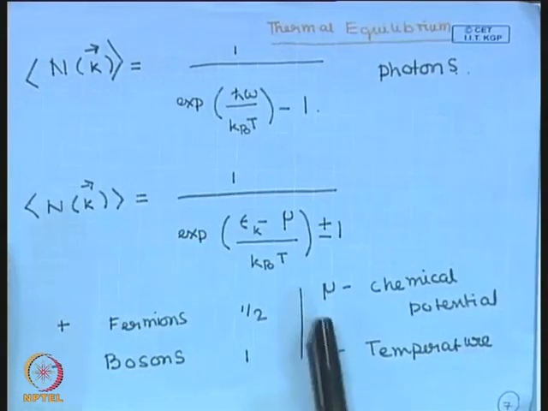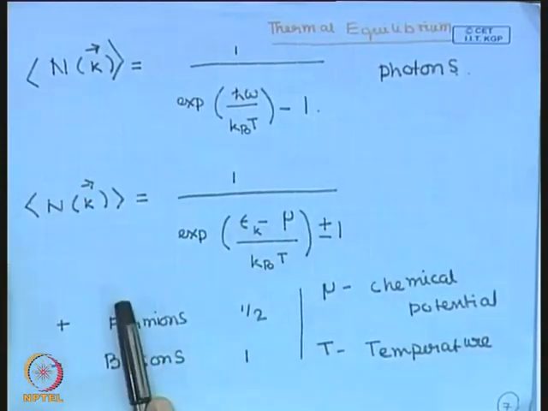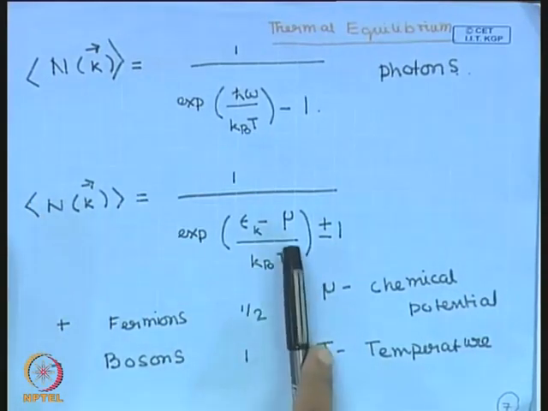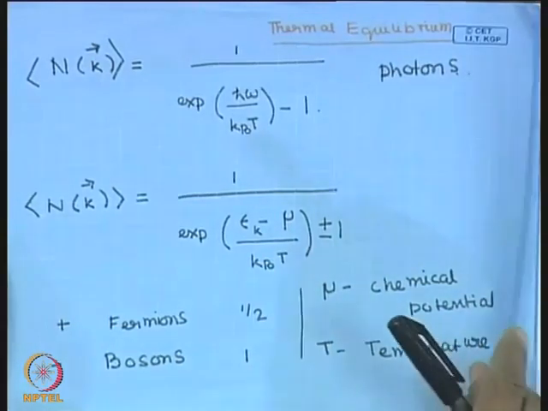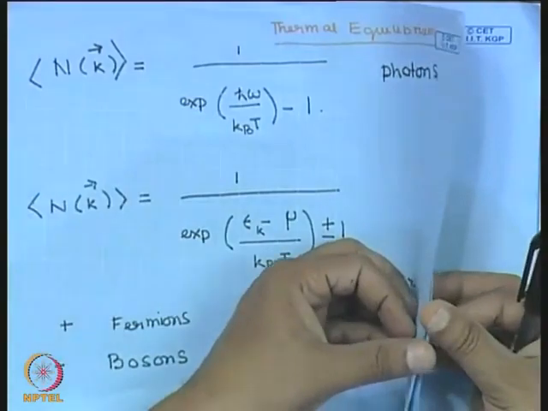So the thermal state is completely determined by the chemical potential and the temperature, and the occupation number is given like this. It is very general for fermions, bosons, everything. Photons are a particular case which are bosons, and the chemical potential is 0. So this is the occupation number if it is in thermal equilibrium.